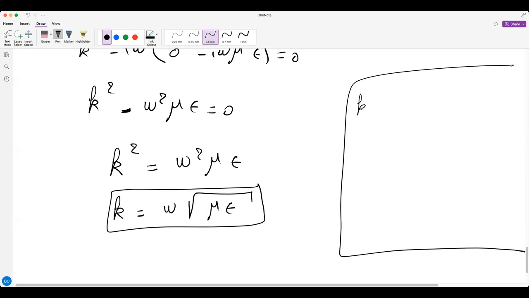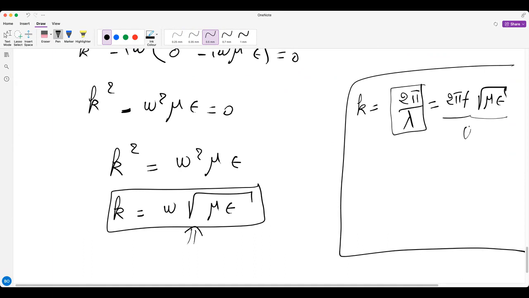Now, what is k? k is 2 pi over lambda, right? And according to the dispersion equation, it is also equal to 2 pi f square root of mu epsilon.